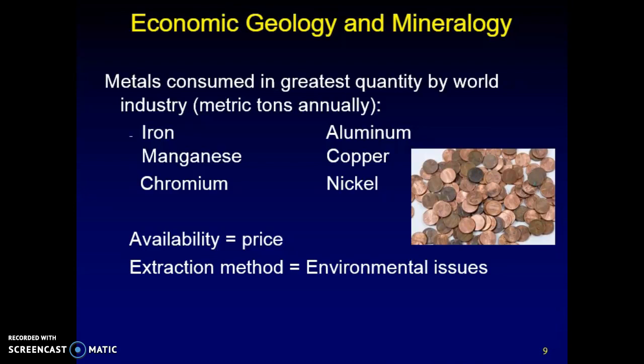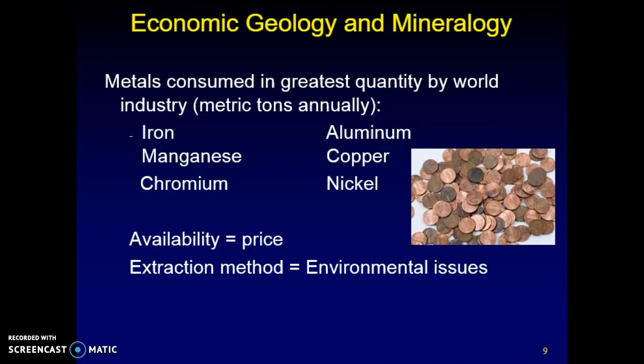Because mining for minerals is not very environmentally friendly. I mean, it beats the heck out of the earth and produces a lot of environmental problems. So we'll talk a little bit about those throughout this lecture, some of the concerns about how we're actually mining for these different minerals.